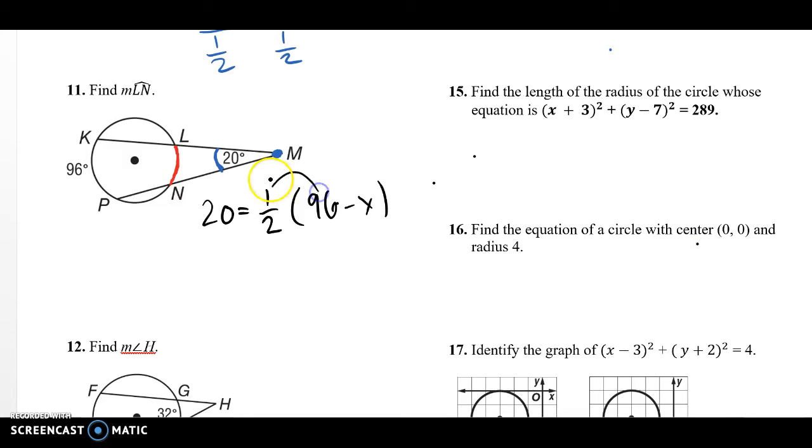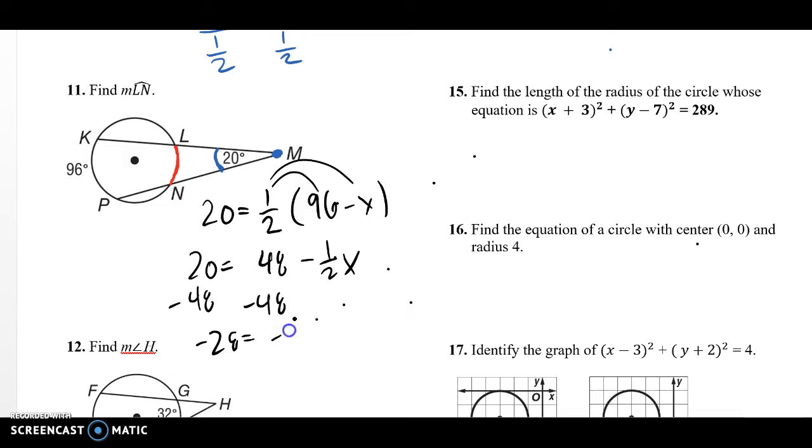So then again, distributing this 1/2 is the first move. We'll get 20 equals 48 minus 1/2 X. Got to get this X by itself, isolate the variable, so subtract 48 from each side, and we'll get negative 28 equals negative 1/2 X. And then the last step is to divide by that negative 1/2, which is just like multiplying by negative 2.